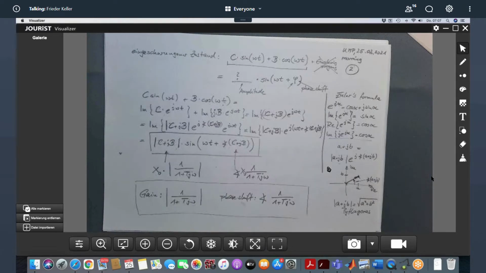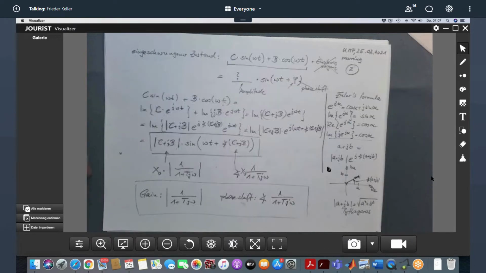One is the real part, the other the imaginary part, or in this case, the important information is the absolute value and the angle. The absolute value gives us what we call the gain, that is the ratio of the amplitudes, output amplitude divided by input amplitude, and the angle is the phase shift.